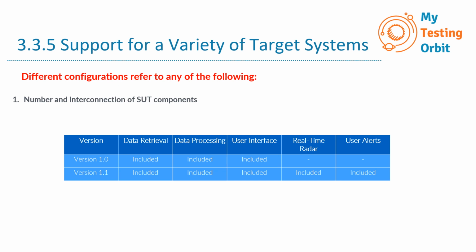And in a newer version, 1.1, the application has an expanded feature set with additional components like real-time radar tracking and user customizable alerts. So the degree of interconnection between these components varies. For instance, the data retrieval component may have different APIs for accessing weather data, and the data processing component may need to handle diverse data formats.